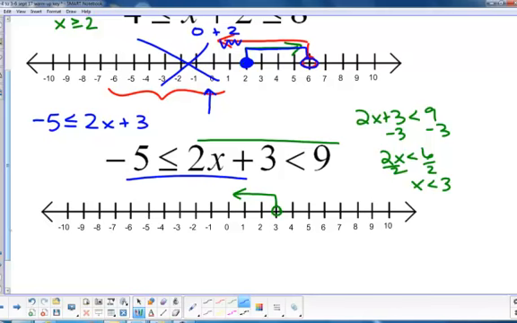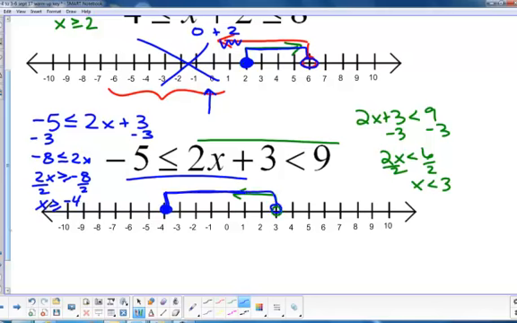And over here, I'm going to subtract 3. So negative 8 is less than or equal to 2x. I'm going to rewrite that: 2x is greater than or equal to negative 8. When I divide by 2, I get x is greater than or equal to negative 4. So at negative 4, I have a closed circle with an arrow to the right.